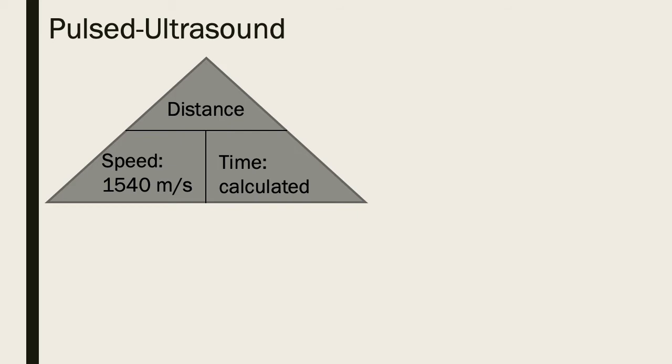Once it gets that information back, it is then ready to send out the next pulse. If the ultrasound machine or transducer was constantly sending out sound and had no listening period, when those echoes came back to the transducer, there would be no way for the crystals to know which pulse those echoes came back from.